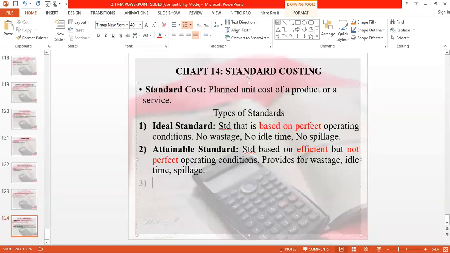Number 3 is what is called the basic standard.